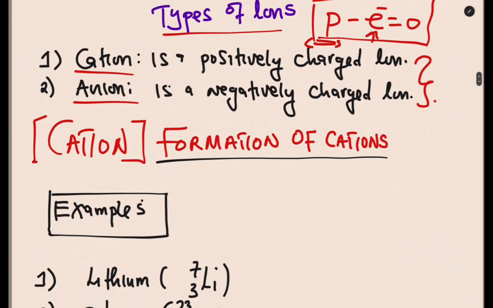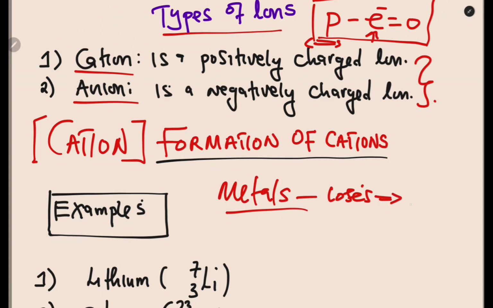I should mention that these are ions mainly formed by metals, because atoms of metals tend to lose electrons in order to gain stability. So we can safely say that most metals lose electrons and become positively charged, which means they form cations.